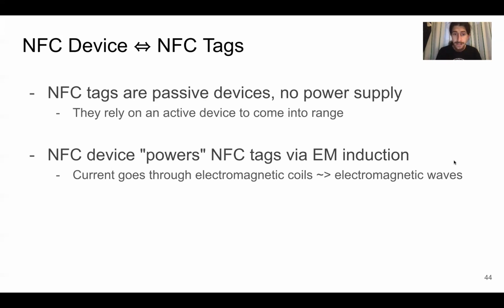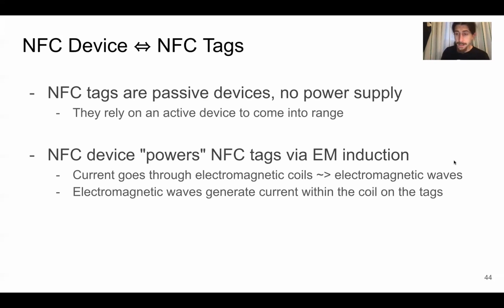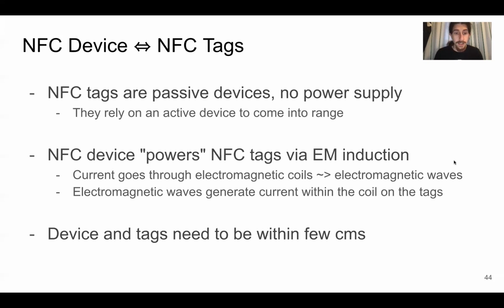This coil will generate electromagnetic field variation. This field is going to be picked up by the coil in the tag, and is going to generate a current or a signal in the actual tag. Okay. And that's how this kind of communication can happen, by this variation. Then the tag can reply back and say what the content inside is. And that's mainly why device and tag need to be very, very near. Otherwise, this kind of stuff doesn't work. Okay.